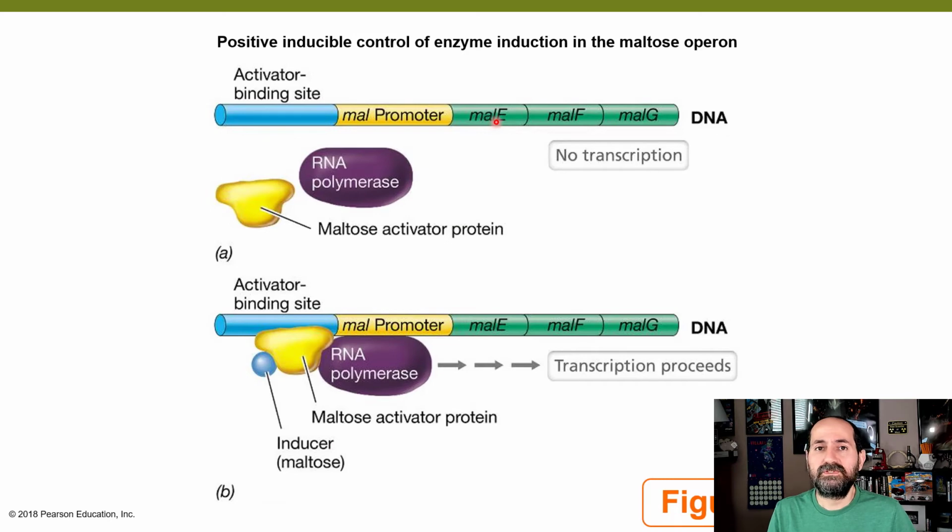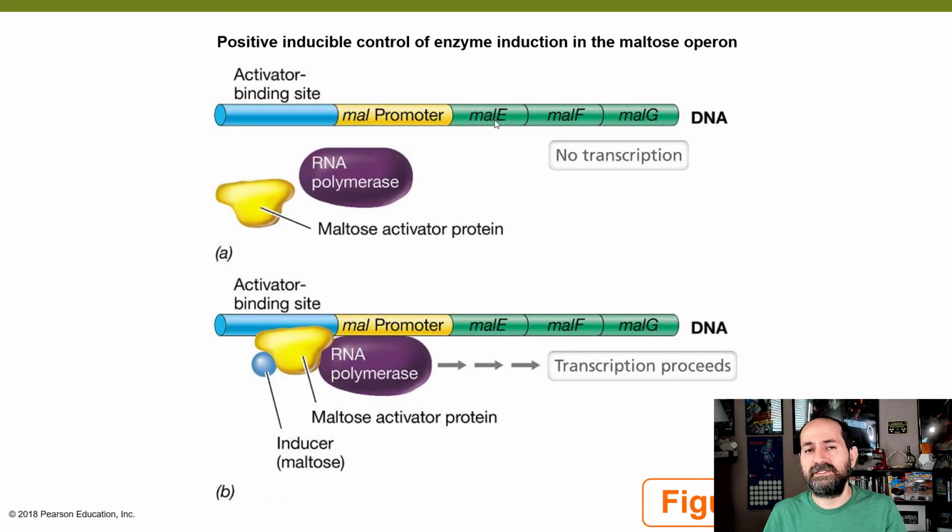Remember, maltose is a disaccharide of glucose and glucose. So if you have two glucose molecules and you link them together with a glycosidic bond, that's the disaccharide maltose. And there are enzymes required in the metabolic catabolism of maltose, the breakdown of maltose for energy.